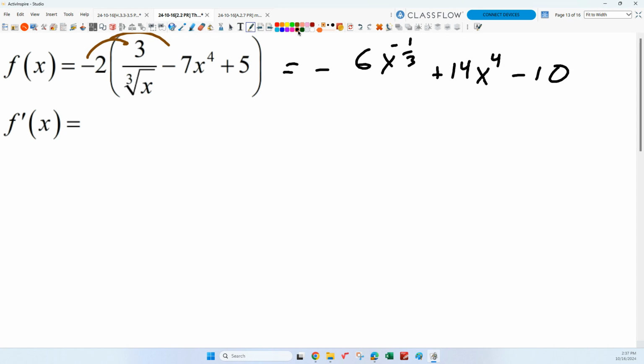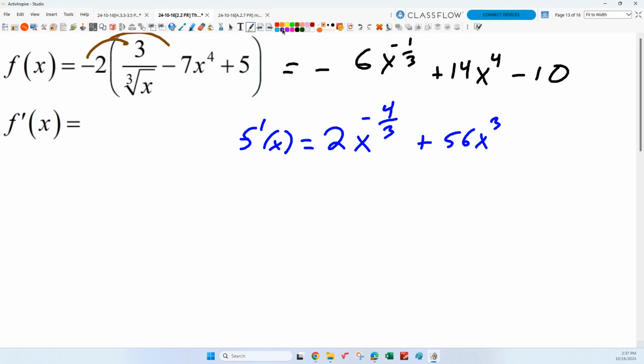So what's the first one going to give me? I get -6 times -1/3, which is +2, x to what power? -1/3 minus 1 would be -4/3, right? Plus, how about this one? 56x to the 3rd. Good.